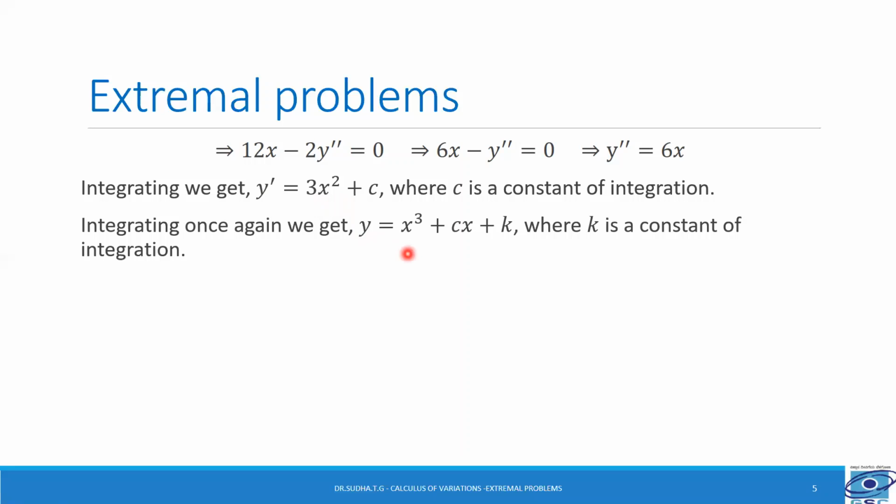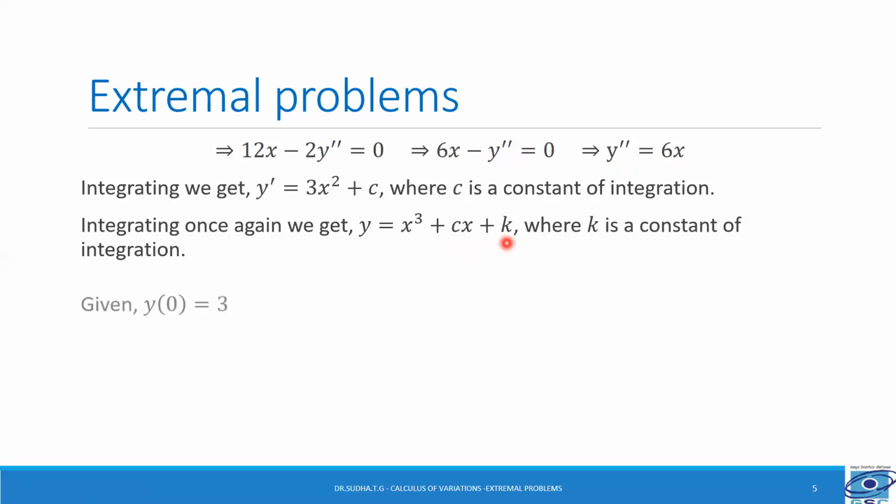So 3 gets cancelled and you get x^3 + cx + k, where k is a constant of integration. So this is the y value after integrating twice, but two conditions are given to find the two constants of integration, that is c and k.